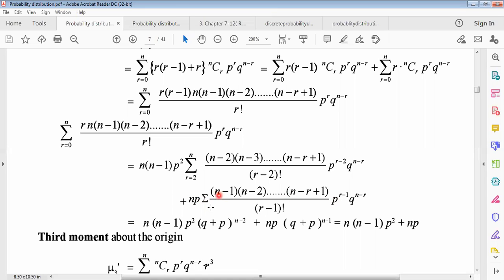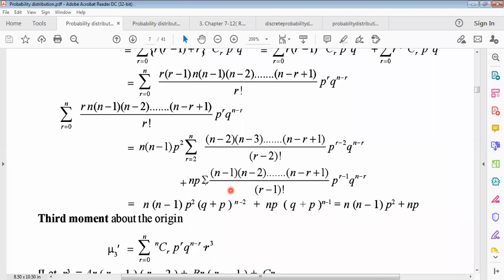So starting from r equals 1 to n, we have n minus 1, n minus 2 ... n minus r plus 1 over r minus 1 factorial, because r cancels. So r factorial becomes r minus 1 factorial, and one p is reduced from here, so we get p to the power r minus 1 and q to the power n minus r.